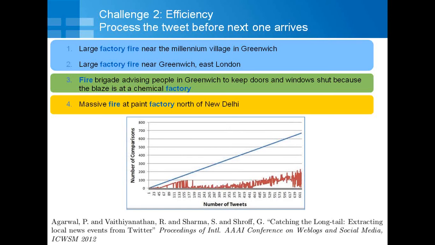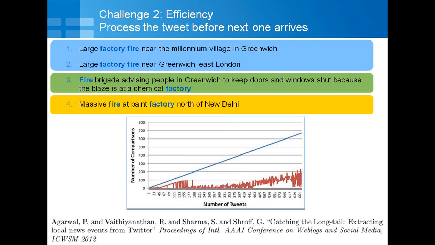Well, the challenge here is that if we have, let us say, all the tweets of the last 3 days in memory or in some data structure, we need to compare every incoming tweet with all the tweets of the last 3 days, just to ensure that this tweet is not similar to any of those. If it is, we need to group it with that. And we need to finish all this processing before the next tweet arrives.